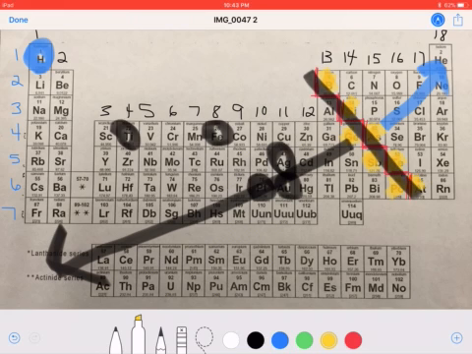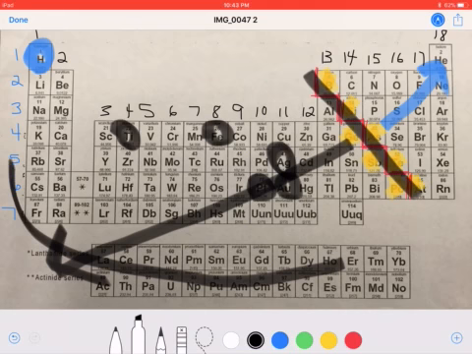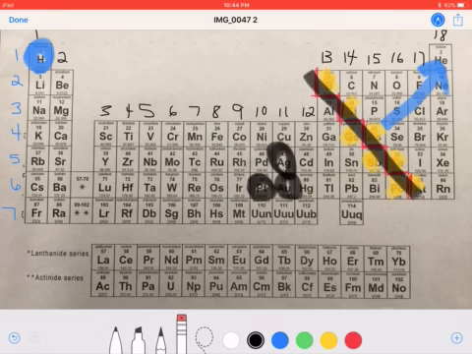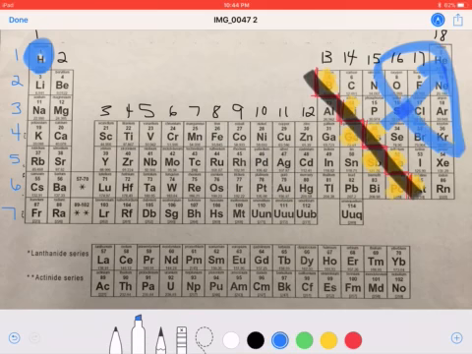So some metallic properties of all of these elements over here, they would be things that are shiny, they're conductive, they're malleable, they can be pounded into thin sheets, they're ductile, they can be drawn into thin wires. Non-metallic properties of those things that are over here are going to be the exact opposite of metals.